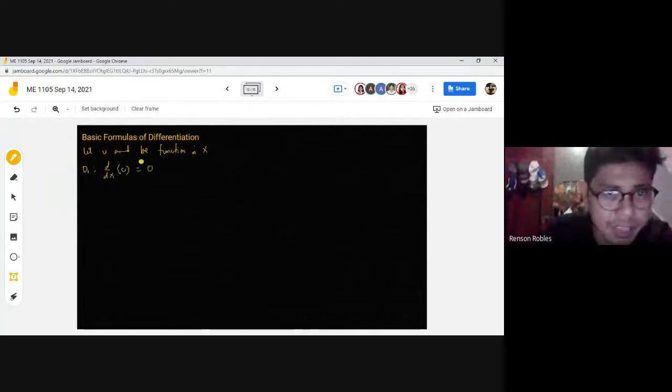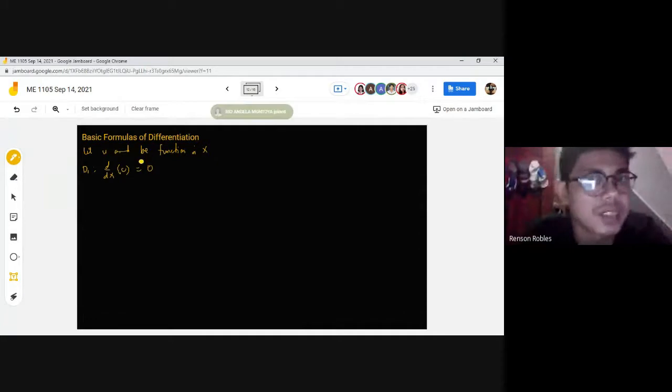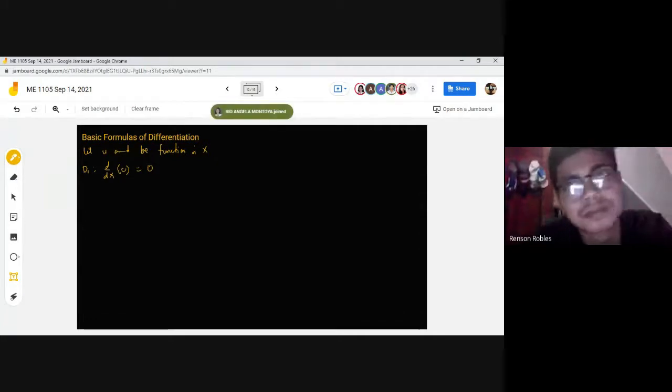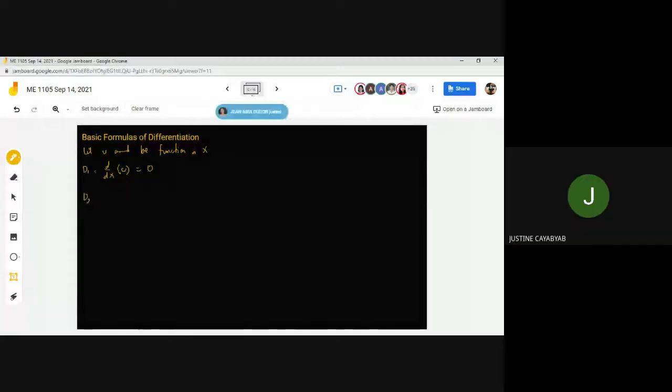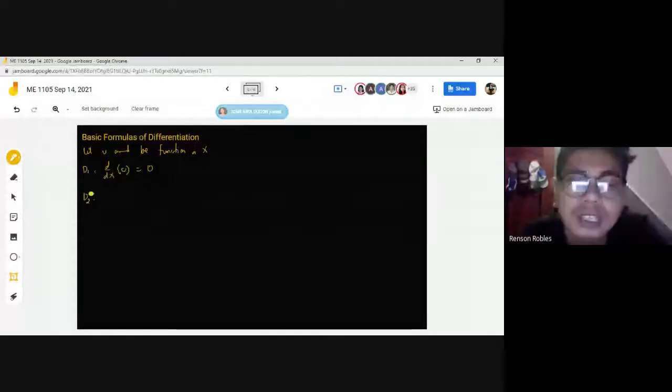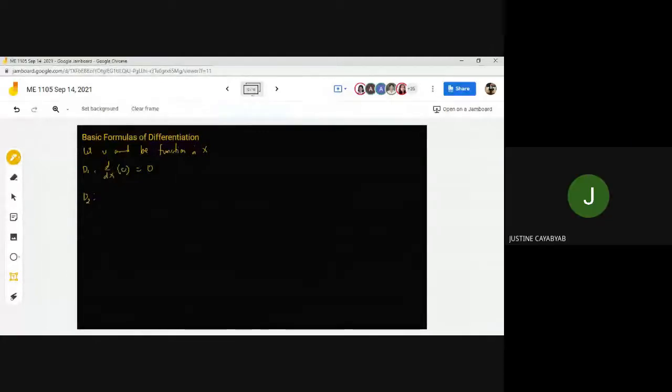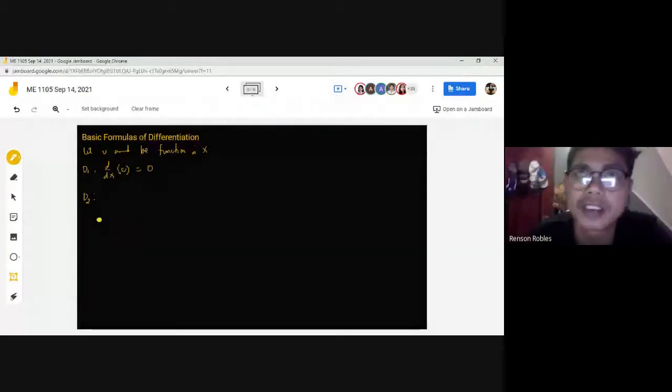Can I ask why? Why is the derivative of a constant 0? Because it's a rule. The derivative of any constant is equal to 0. But why is there a rule that the derivative of a constant is 0?